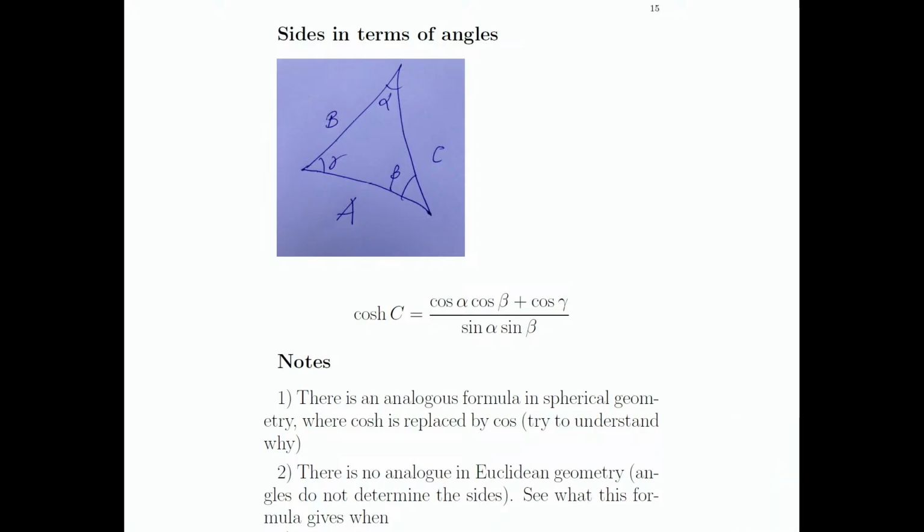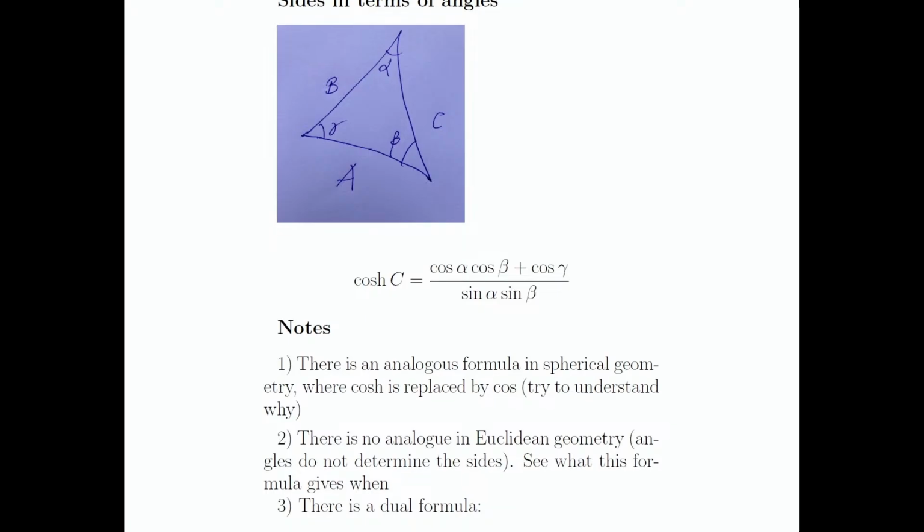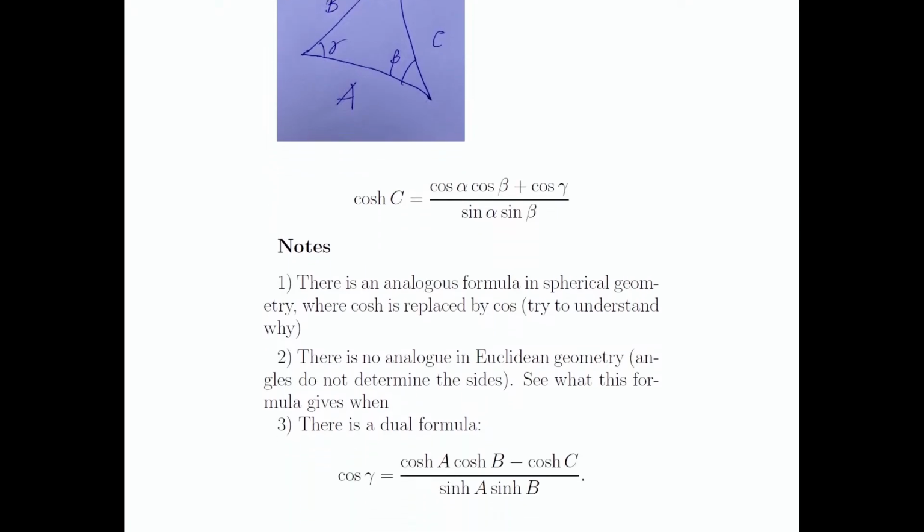And I have a third remark. Something in spherical and in hyperbolic geometry is that there are dualities. If you are interested in hyperbolic or spherical trigonometry, there's a way to pass between angles and sides.